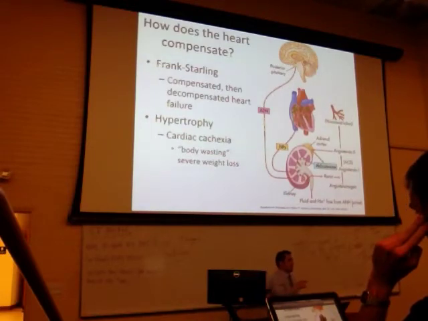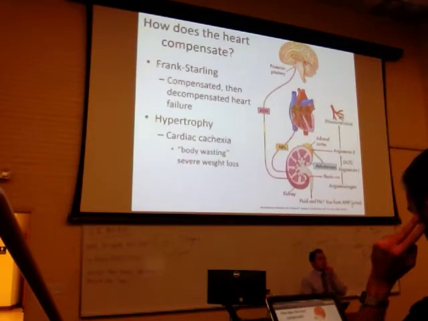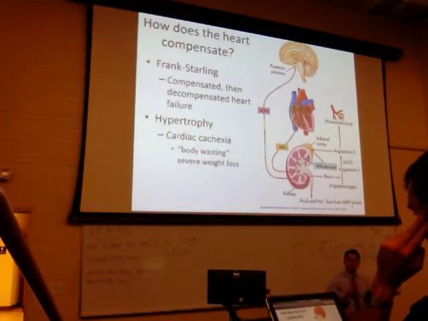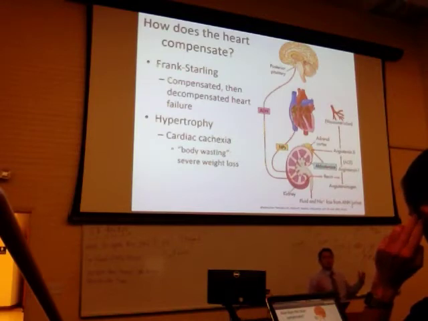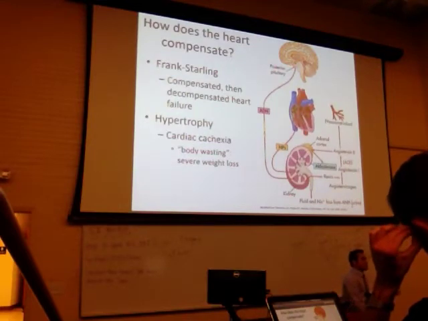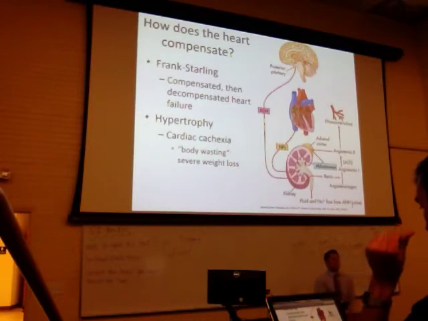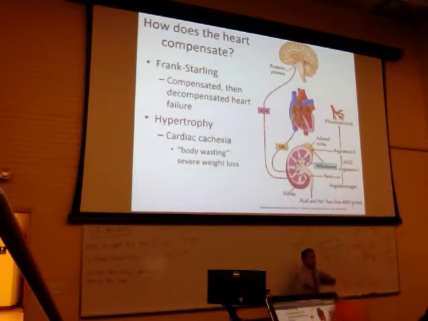And the hypertrophy that takes place, the enlargement of the heart, is because the heart is working harder over time. That means that the heart, every minute, is exercising at a greater rate than yours and mine. And so it's almost as if they're chronically exercising. So what we see is severe weight loss in these long-term patients because of the metabolic demand that the heart has to try to keep up with the output.